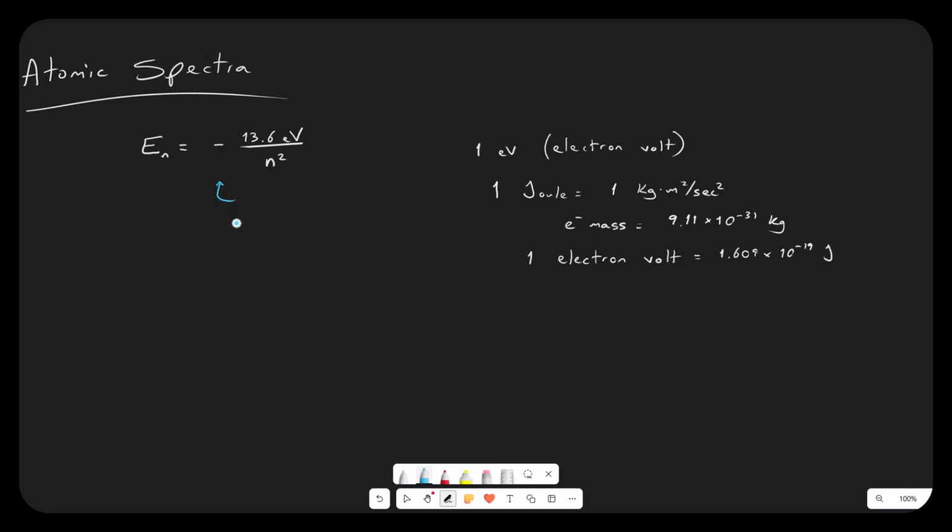This minus sign, why would there be a negative energy, is the same as we had when we did planetary motion, when we looked at universal gravitation. We said we had a potential energy for gravity that was a negative GM over r way back in Physics 1. We get the same thing here. Our energy is negative because these are called bound states.